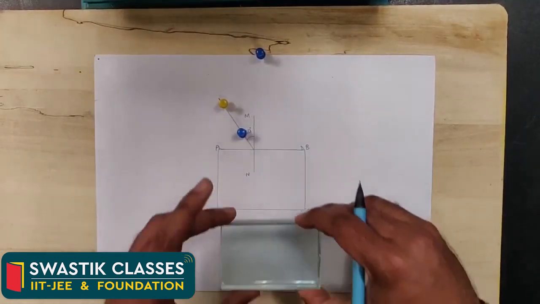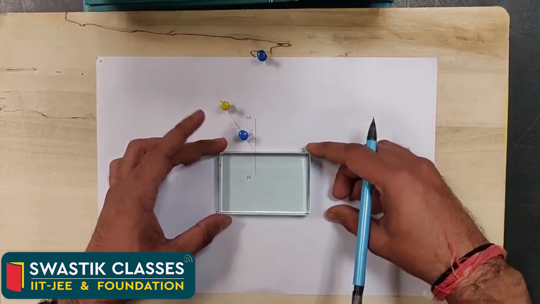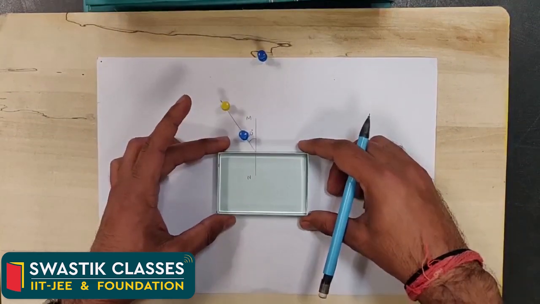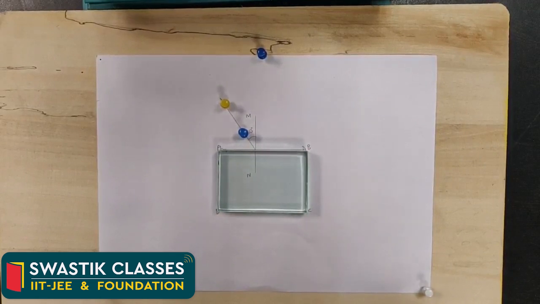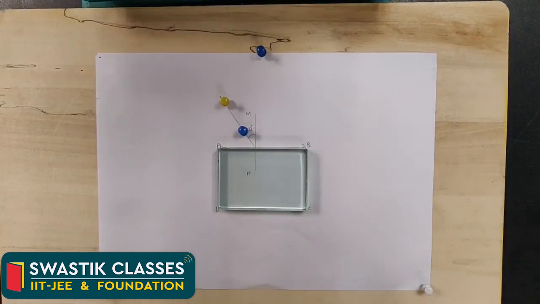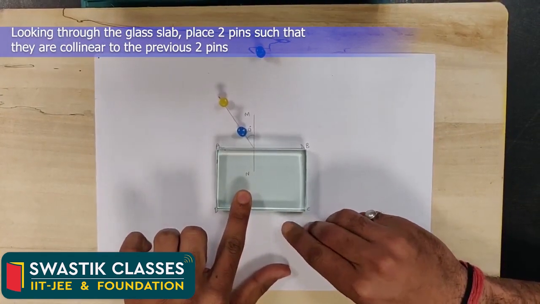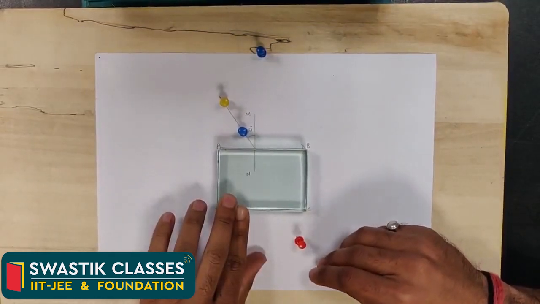Then we'll keep the glass slab again on the outline which we have drawn. Now we'll see through the glass slab and place another two pins collinear to the previously placed pins. Now I'll place another pin.